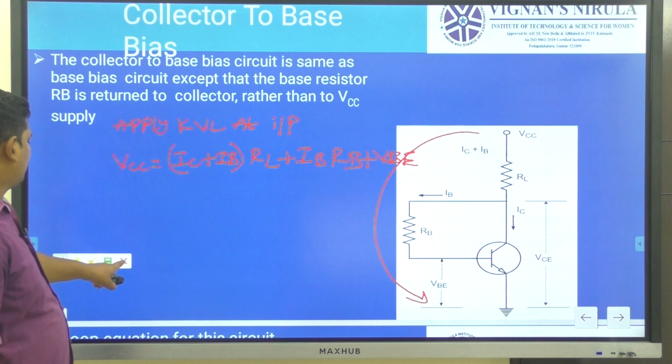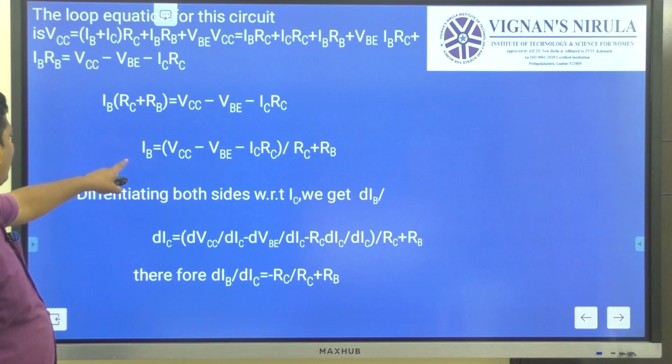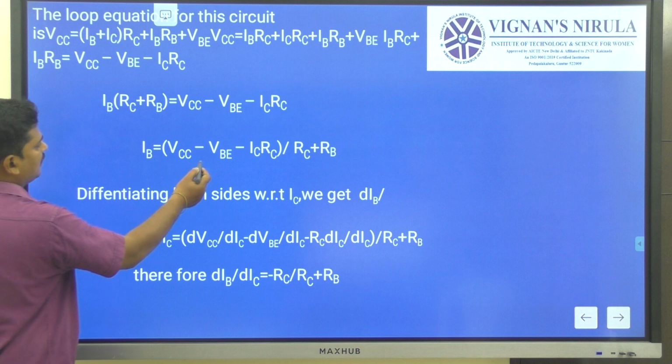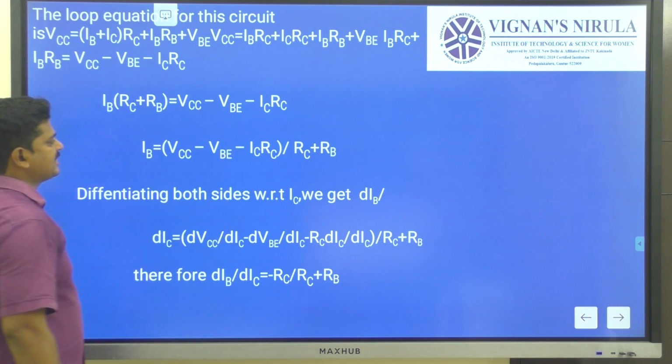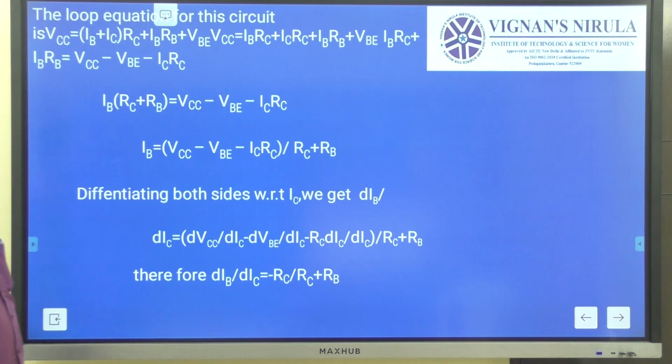From this we can write that the value of IB is equal to VCC minus VBE minus IC into RC, divided by RC plus RB.